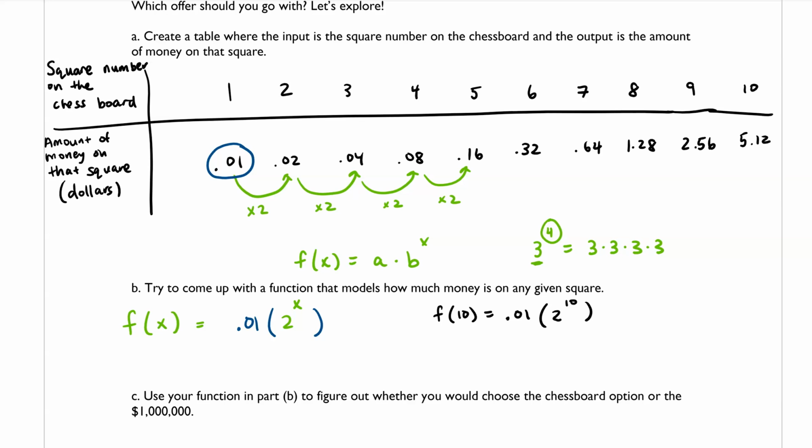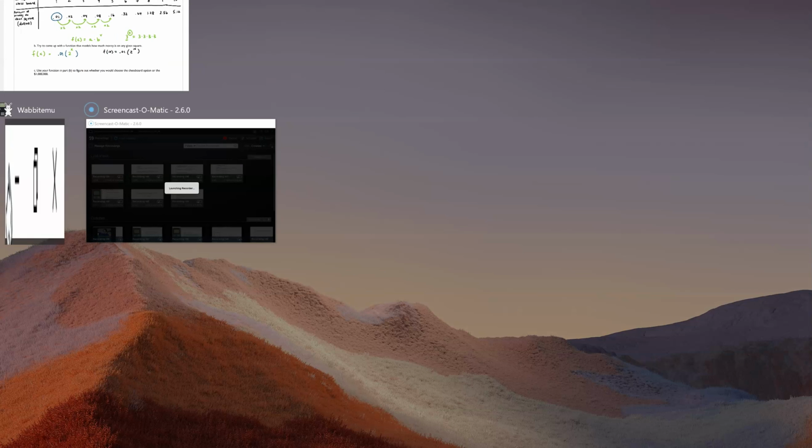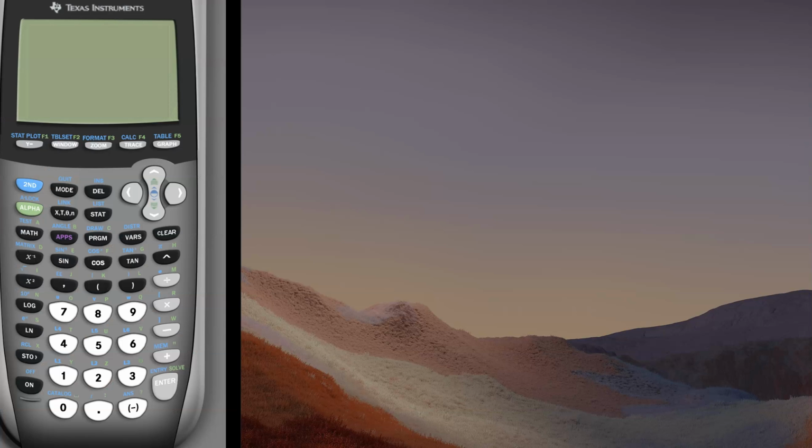Now, if you're not sure how to calculate that on your calculator, let me show you where your exponent button lies. Make sure your calculator is on, and then type 0.01 parentheses 2 to the power of 10, and then press enter.